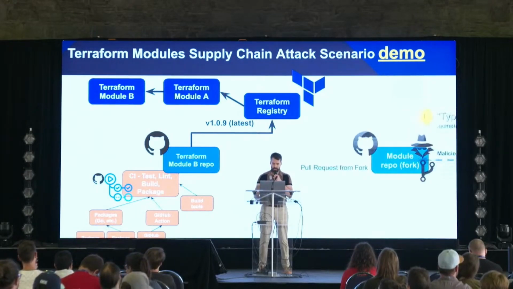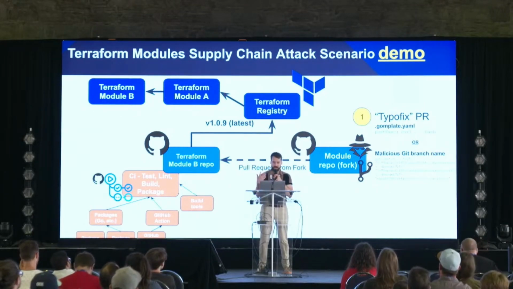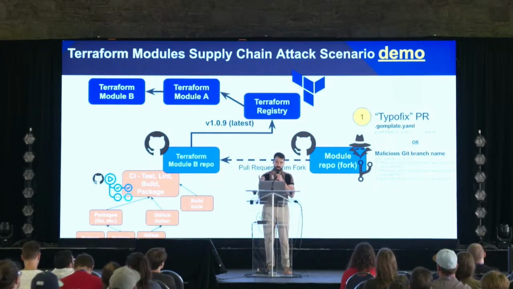The attacker comes in, forks the repo, and submits a pull request pretending to be some kind of typo fix, but really what it's adding is this .gomplate.yaml, which contains the command. The other way this could be exploited, which we've seen in the wild, is a malicious Git branch name.